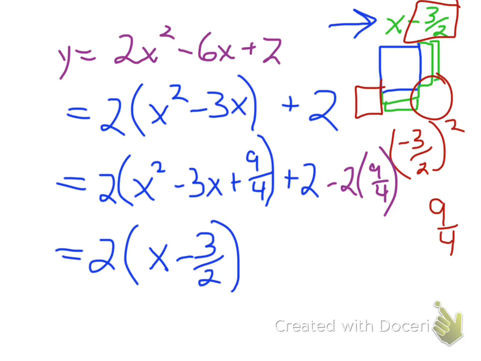So x minus 3 over 2 squared plus the 2 from my original part here minus this part. So I now take that, and that will simplify down to 9 over 2. 2 times 9 over 4 is going to be 9 over 2, otherwise known as 4.5. I'll convert that to a decimal.